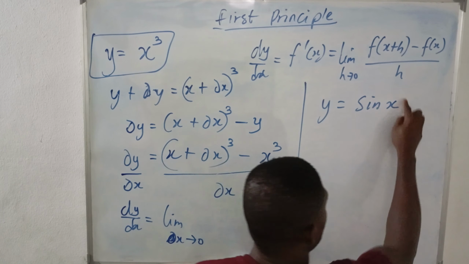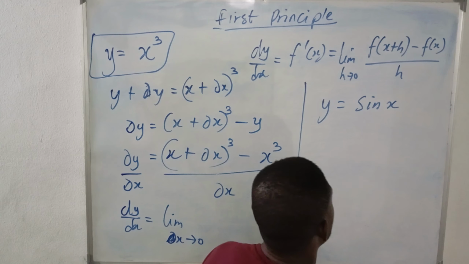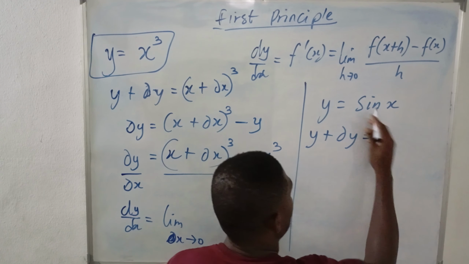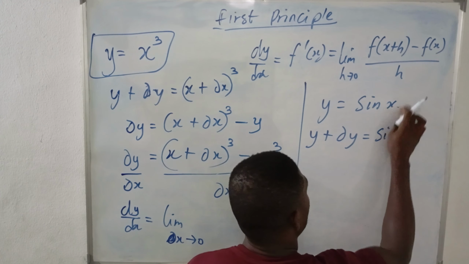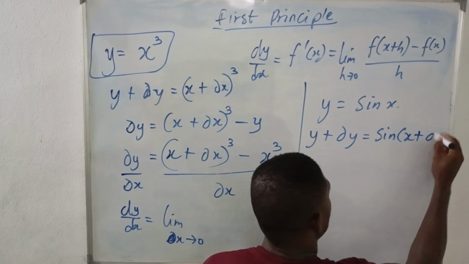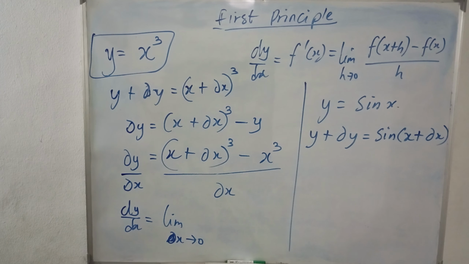All you need to do is to change this x into x plus dx. So your y here will be y plus the change in y, and this will be sine. In place of x here, you put in brackets x plus dx. That's how you work on that.